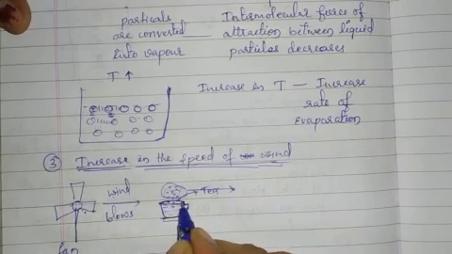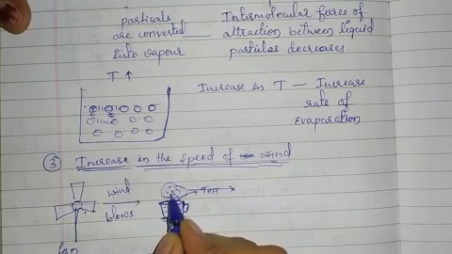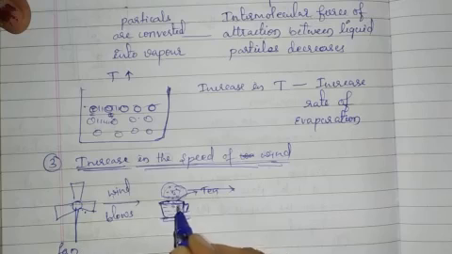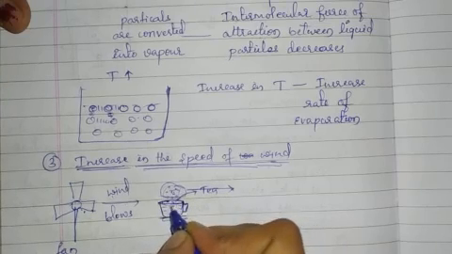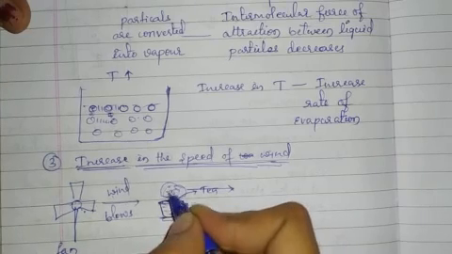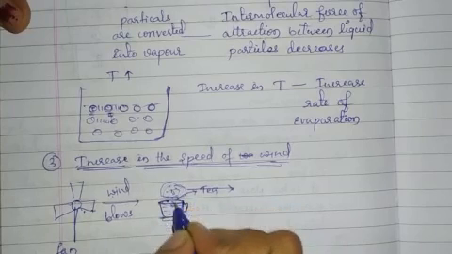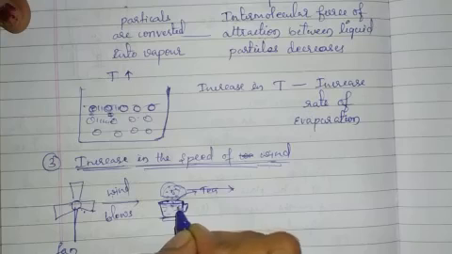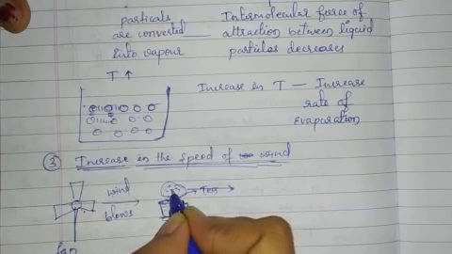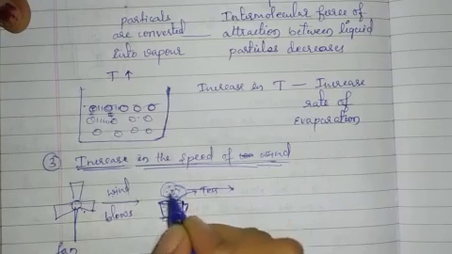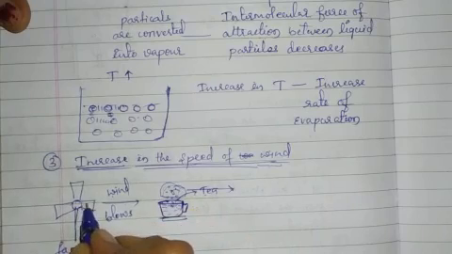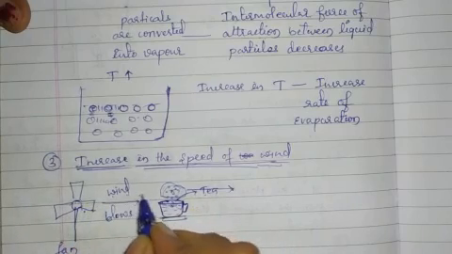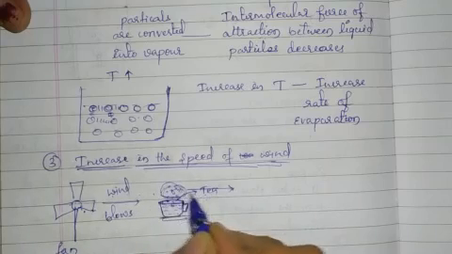Here above this teacup there are vapors of water. Since this is hot, the liquid is converted into vapors. The water present in tea is converted into vapor. When the fan is switched on, wind blows. Along with this wind, these vapors will move in forward direction.